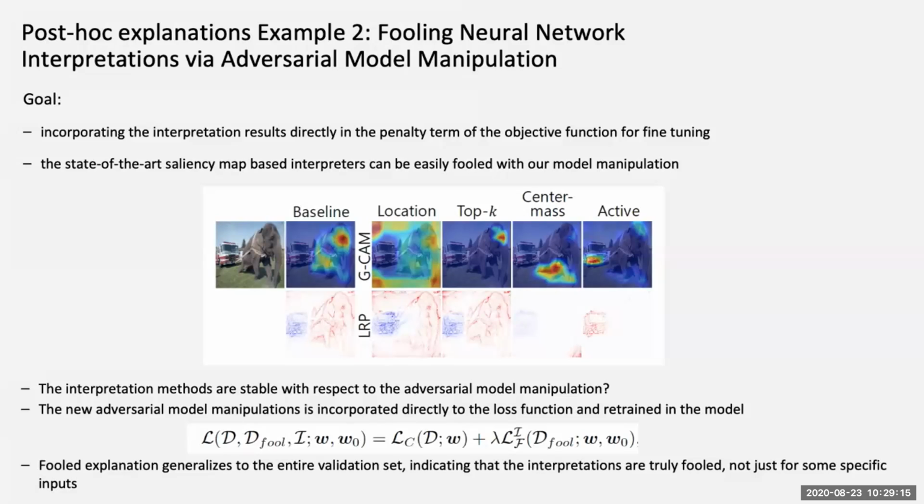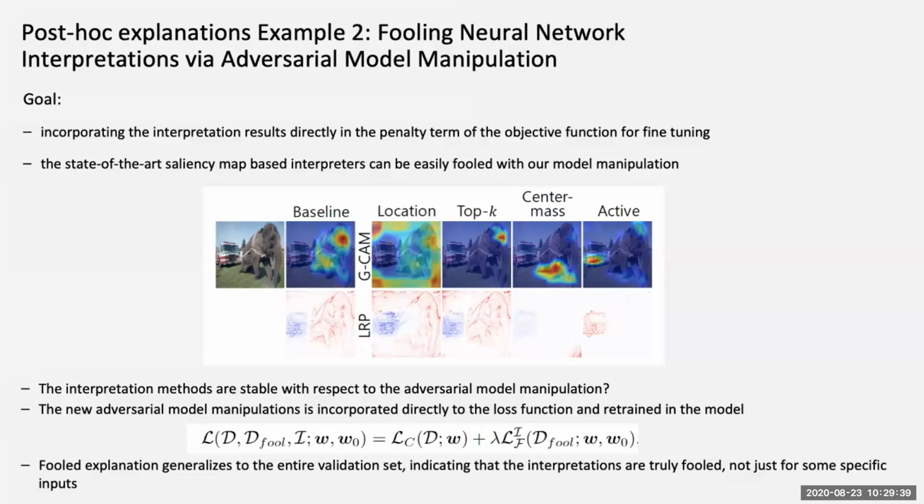elephant in the figure. Now, as a next step, this framework actually manipulates this figure by adversarial manipulation using several algorithms. Here we are showing the top four algorithms on the four columns, namely location-based, top-k, center mass, and active.